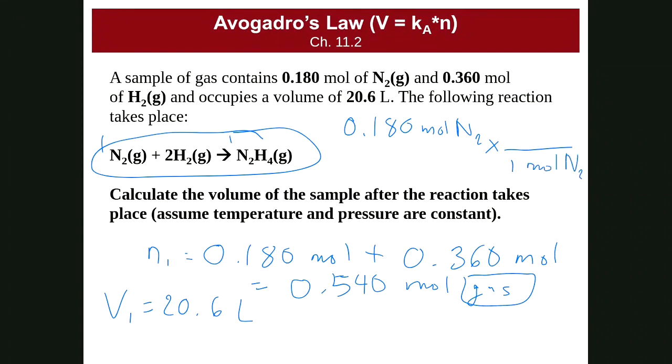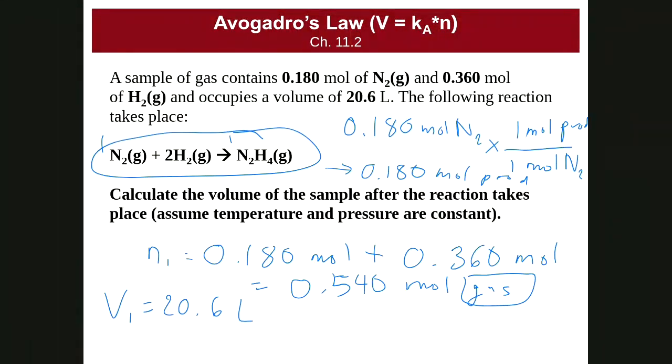All right, so 1 mole of nitrogen gas is 1 mole of our product. So if we use all of the nitrogen gas, we produce 0.180 moles of product. And let's see if that's the same for hydrogen.